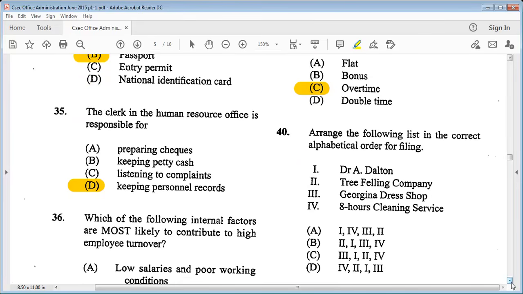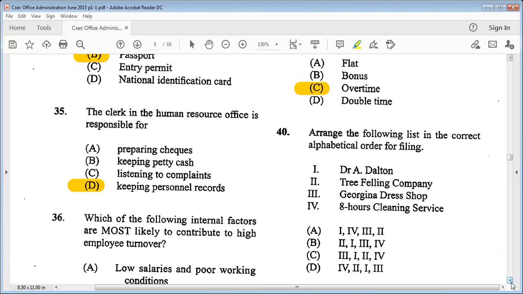Here it says, arrange the following list in the correct alphabetical order for filing. 1, Dr. A. Dalton. 2, Tree Felling Company. 3, Georgiana Dress Shop. 4, 8 Hours Cleaning Service. Is it A, 1, 4, 3, then 2; B, 2, 1, 3, and then 4; C, 3, 1, 2, 4; or D, 4, 2, 1, 3?